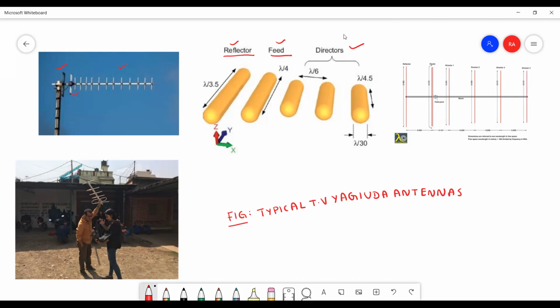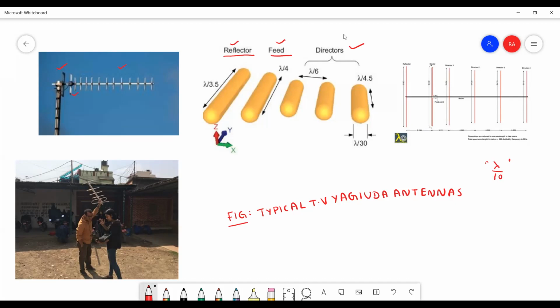The reactance may be varied just by the dimensions. The length of the parasitic elements and the spacing between the driven and parasitic elements are usually of the order of lambda by 10.